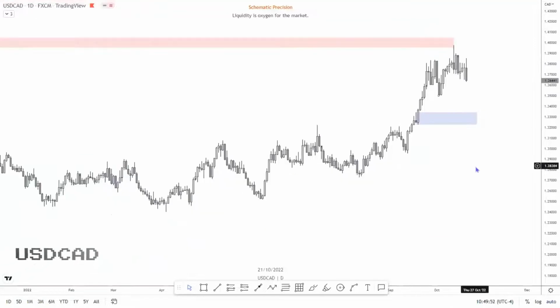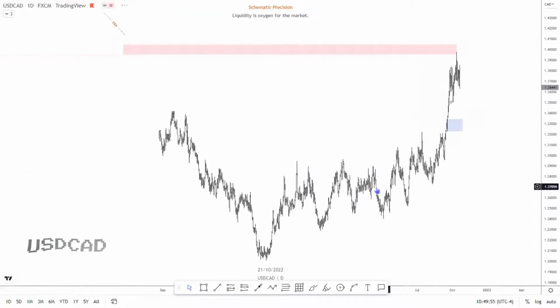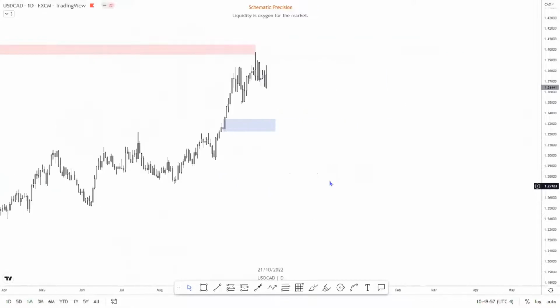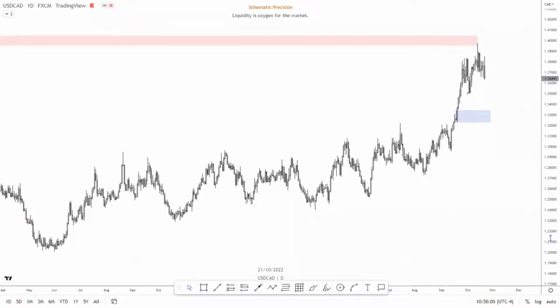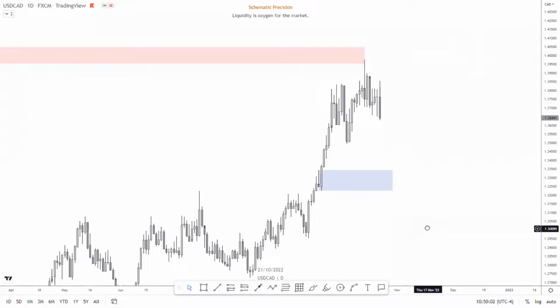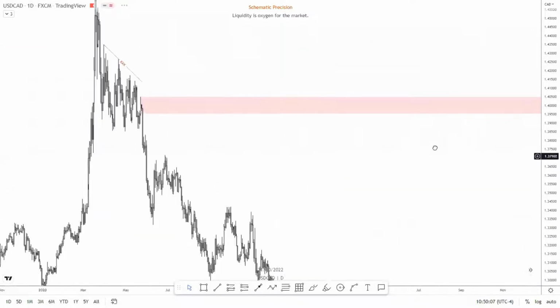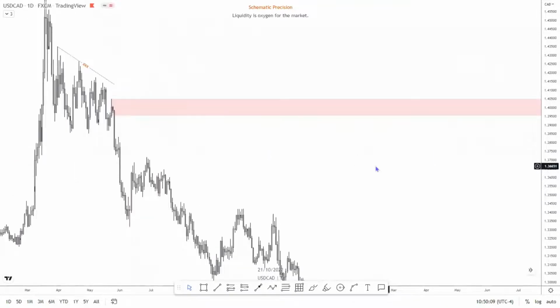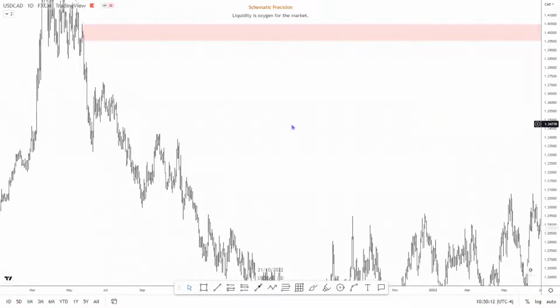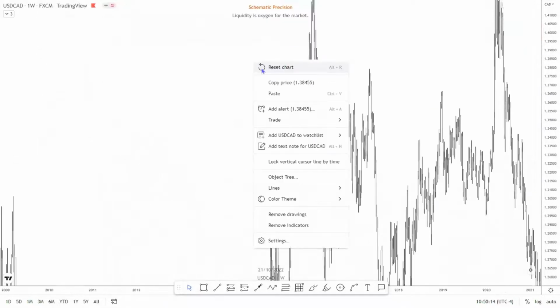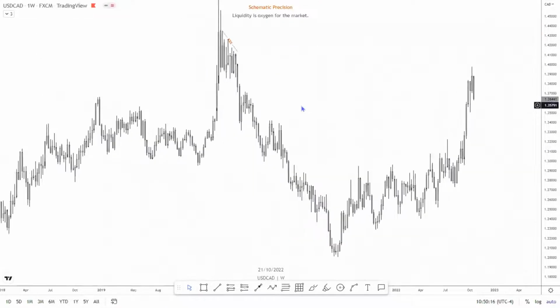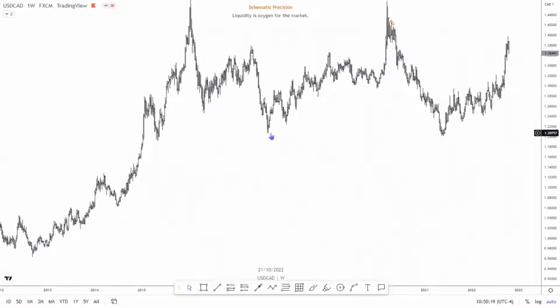USD CAD is showing us... So USD CAD has been extremely bullish. Okay. Let me see.